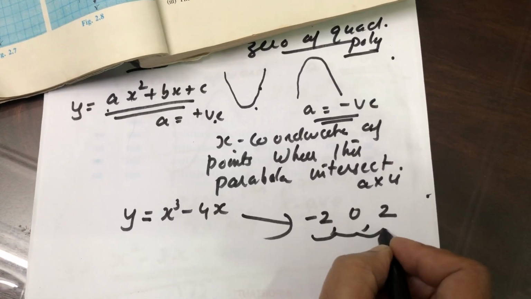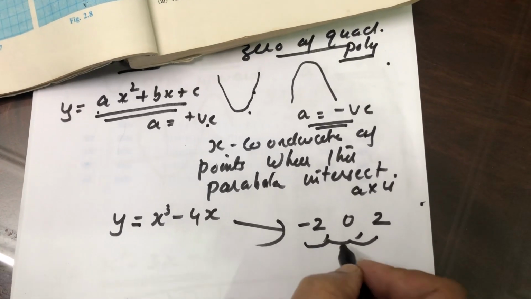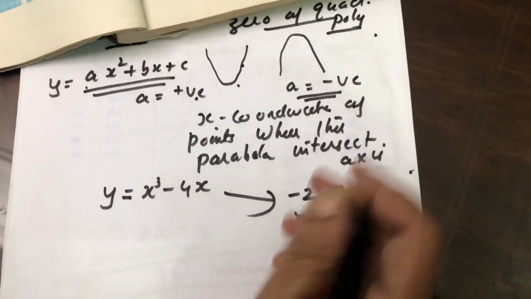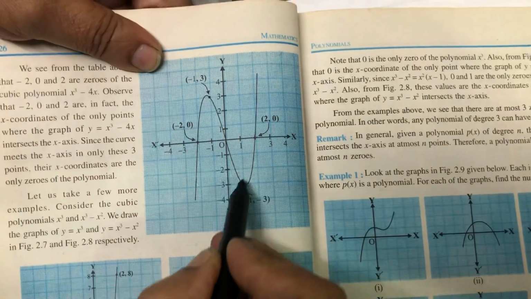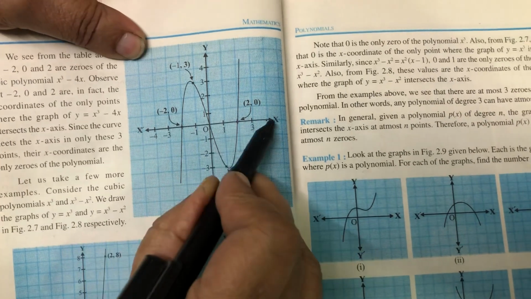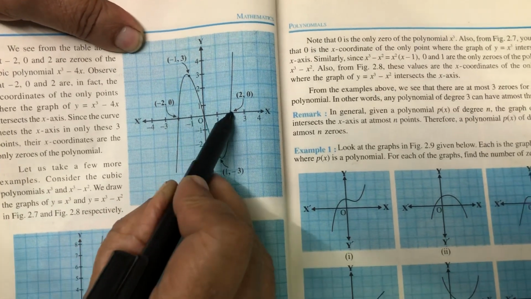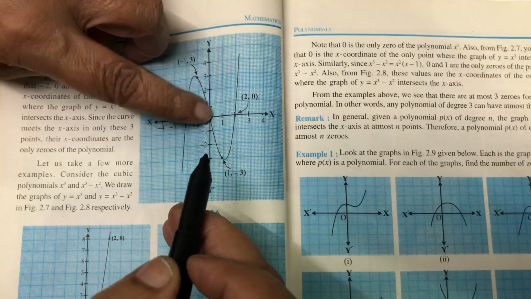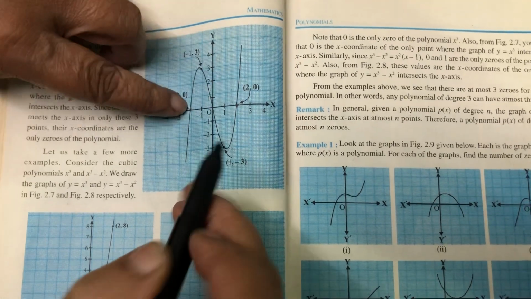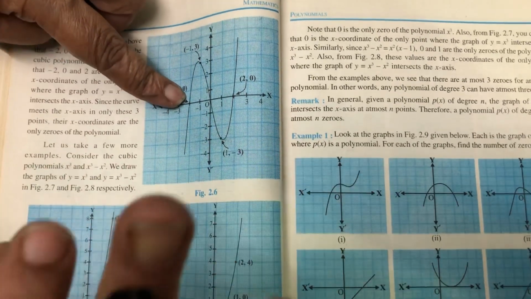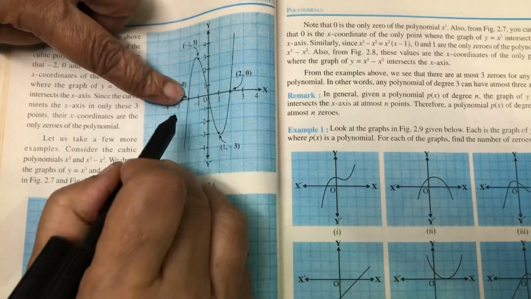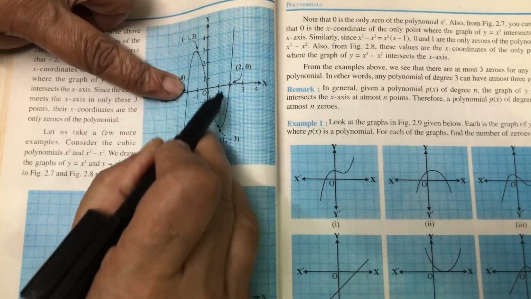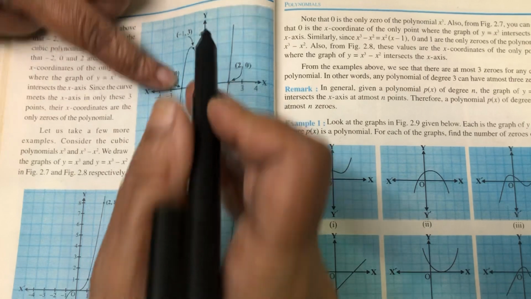All these three are the zeros of this polynomial. How did you find them? The graph representing this cubic polynomial intersects the x-axis at 3 points. The x coordinates of all these 3 points are the zeros of this cubic polynomial. So this cubic polynomial has 3 zeros.